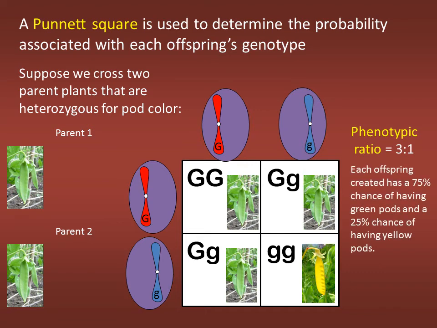So each offspring here has a 75% chance of having green pods and a 25% chance of having yellow pods, each and every single offspring created by these 2 parents. So if 1,000 offspring were created, which plants typically do produce many seeds, we would expect 750 of them to have green pods and about 250 of them to have yellow pods.